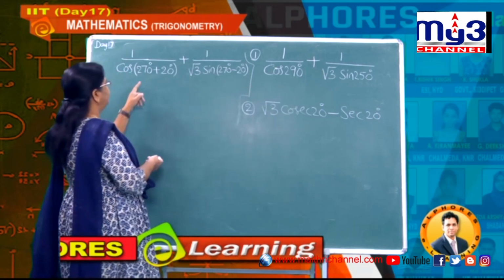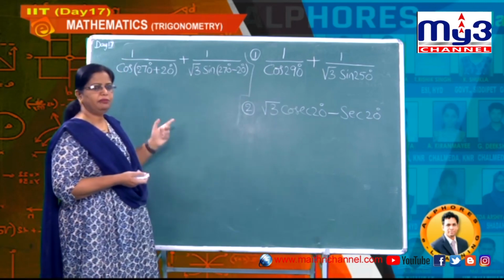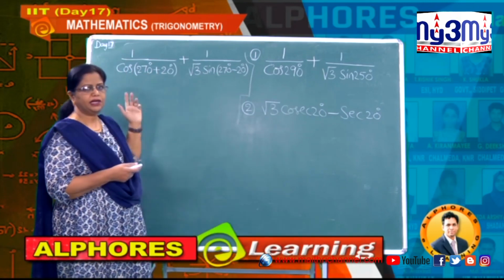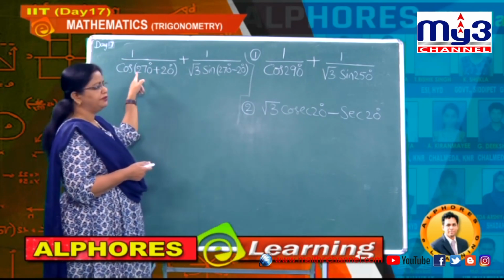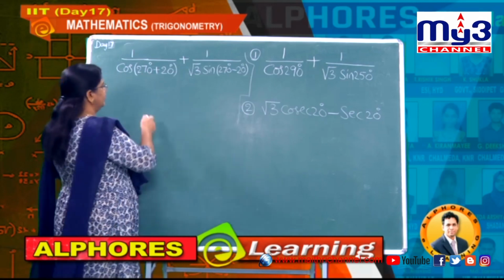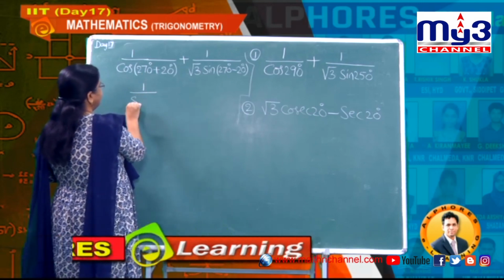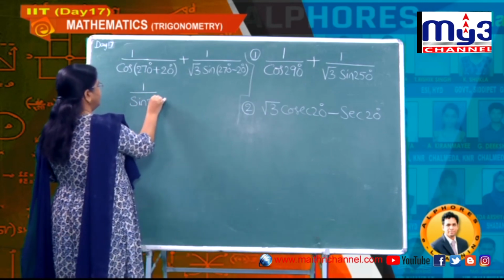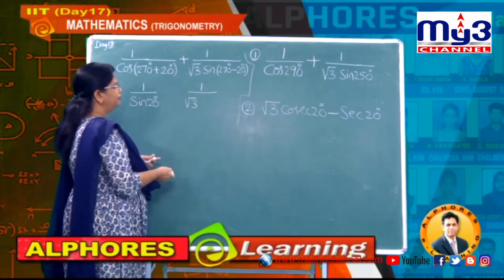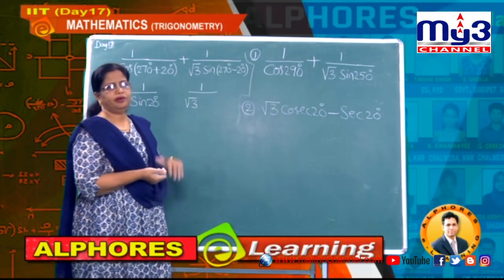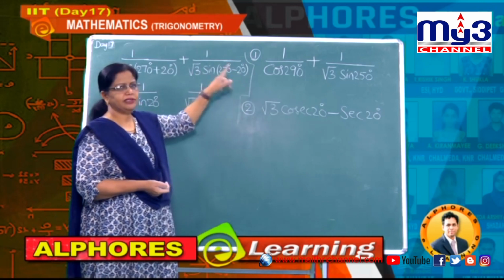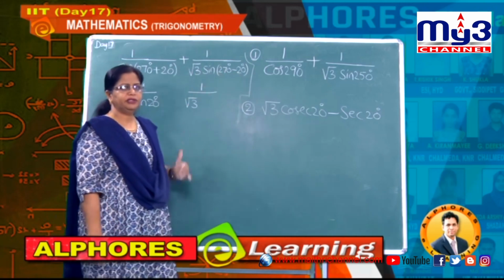Now what is 270 plus? It belongs to the fourth quadrant, and in the fourth quadrant cos is positive. Moreover, 270 is an odd multiple of 90 degrees, therefore the function must change. Hence the first value is 1 divided by sin 20 degrees. Now 1 divided by root 3 times sin(270 minus 20), which belongs to the third quadrant.